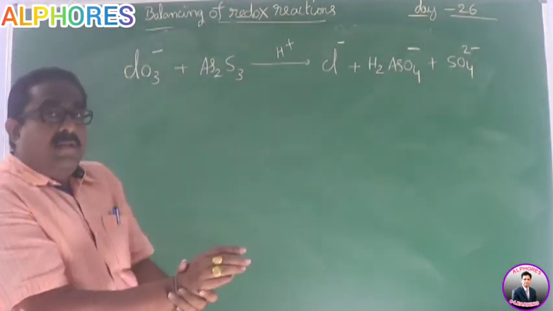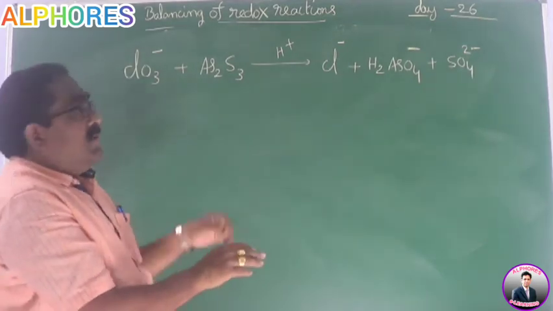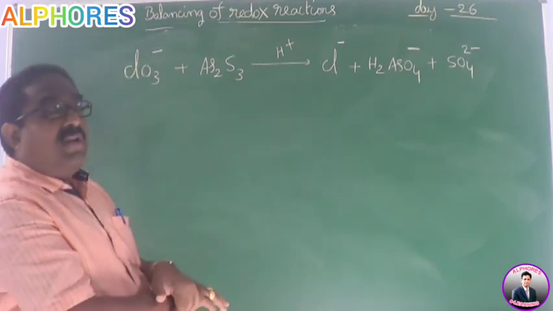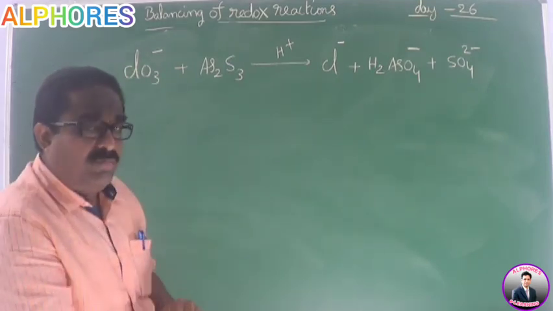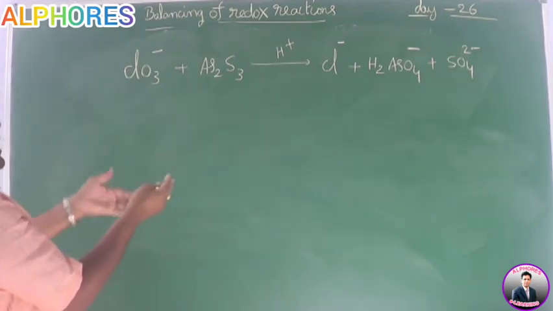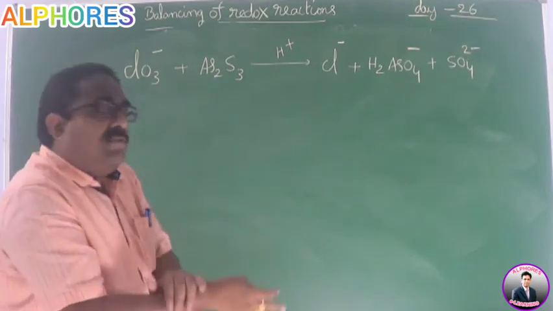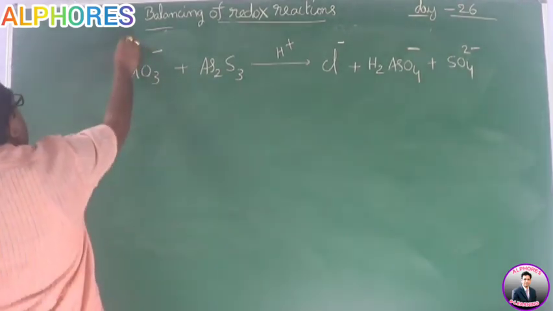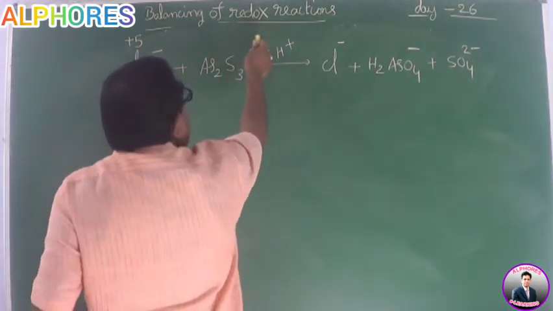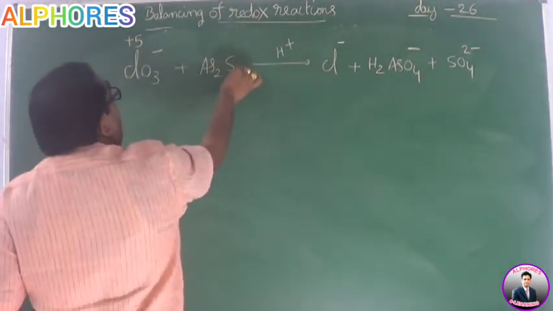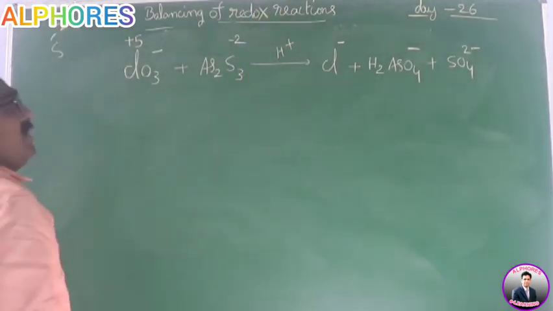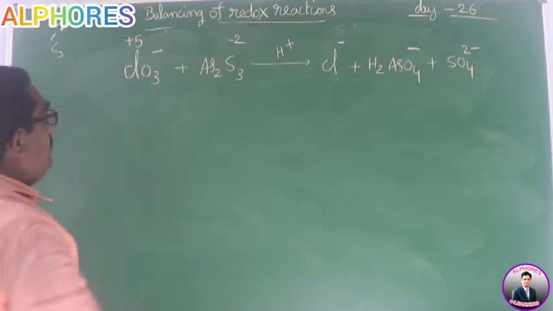Here there is a difference with this question from the previous balancing of redox reactions that we learned up to now. How is it different? After calculation of oxidation states, you will know how it is different. Let me calculate first. Plus 5. In trisulfide, this is sulfide, the oxidation state of sulfur is minus 2.